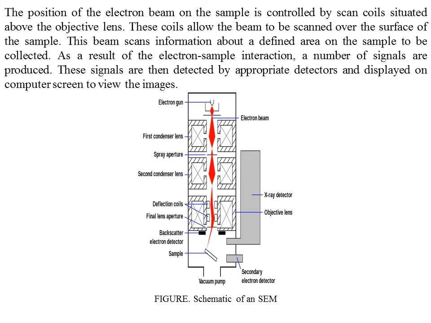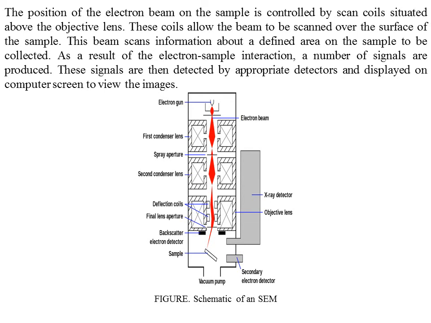So it will produce a focused beam of electrons to hit the surface of the sample. And we can see a set of lenses here: first condenser lens, second condenser lens. These lenses are helpful for making the electrons converge and reach the sample in a focused way.